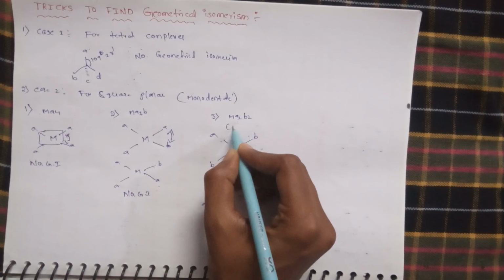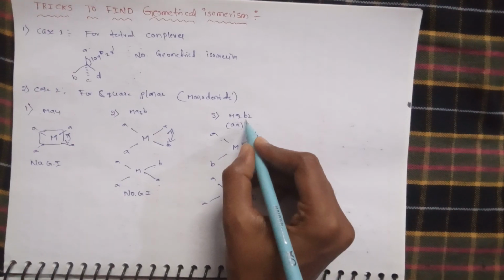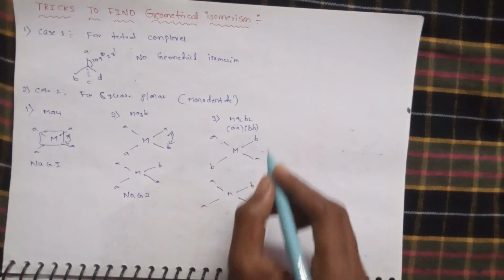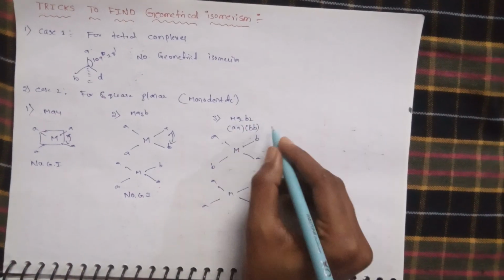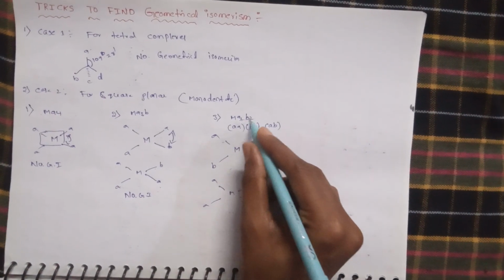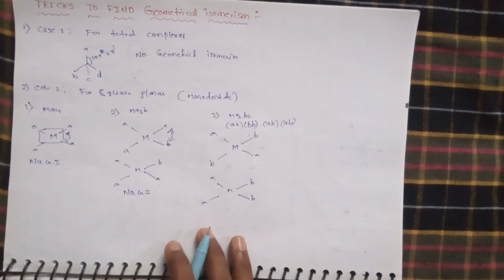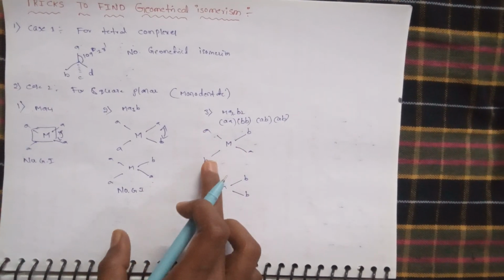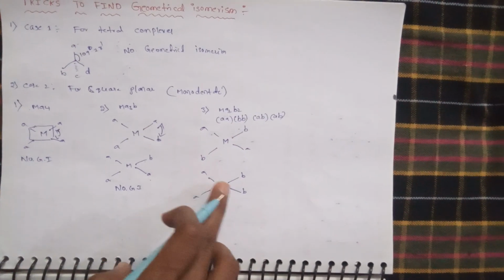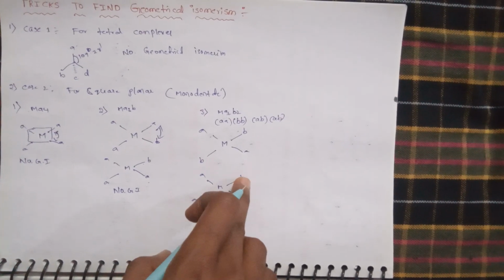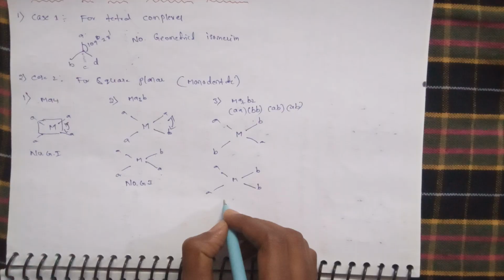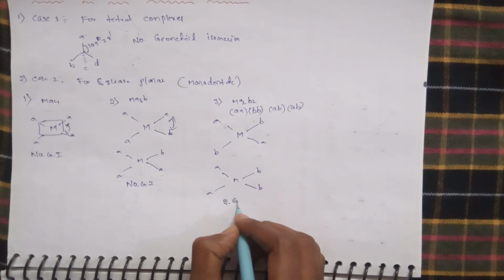This A you write like this and this B like this, and another form is AB, again AB. So two sets. When you observe these two sets, A is perpendicular to A, B is perpendicular to B; in the other, A is perpendicular to B. So here two geometrical isomers are there.